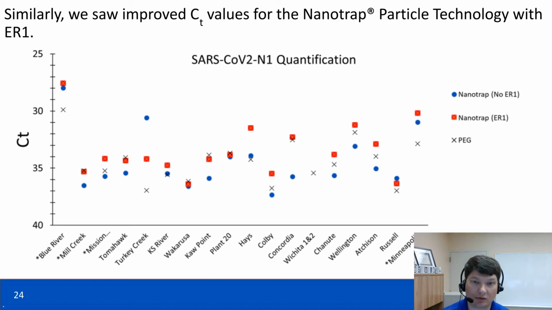The general trend is that the red squares, which are the automated platform with magnetic nanotrap particles and enhancement reagent 1, are higher. Blue, the no enhancement reagent 1 condition, is in general similar to our original PEG method, which is the X. So again, we were seeing both enhanced recovery of our surrogate virus as well as earlier detection, or lower CT value, for detection of N1 in our qPCR samples.